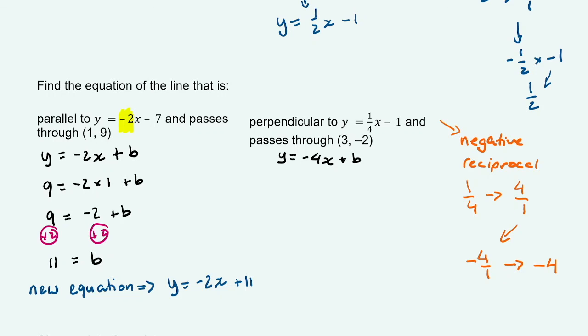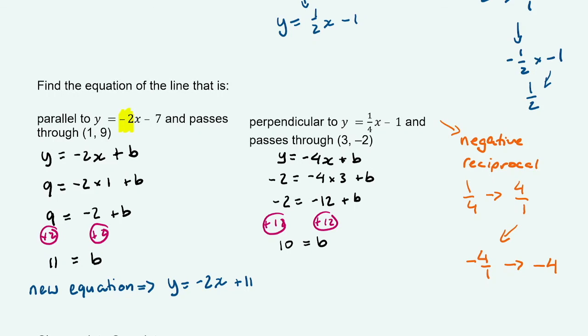So y is going to be minus 2, so minus 2 equals minus 4 times 3 plus b. Leave our minus 2 for now. Minus 4 times 3, well, that's going to be minus 12. And then we're going to go plus b. Now, simple algebra is going to add 12 to both sides. That's going to leave me with 10 equals b.